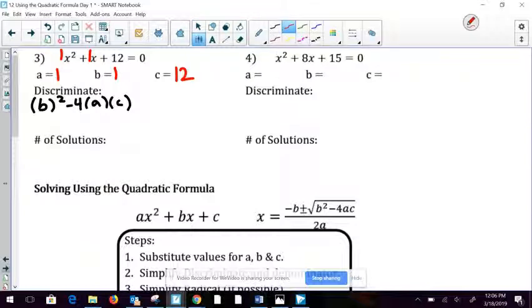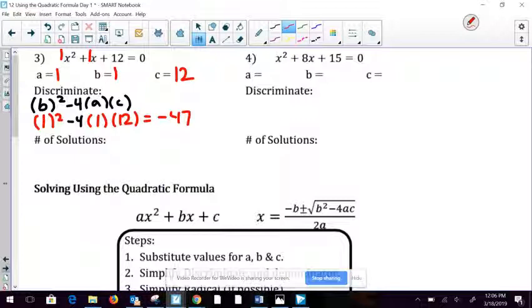So b squared is 1 squared. That -4 is part of our equation, times my A, which is 1, times my C, which is 12. Go ahead and punch that in your calculator. Yeah, you got -47. Good job.